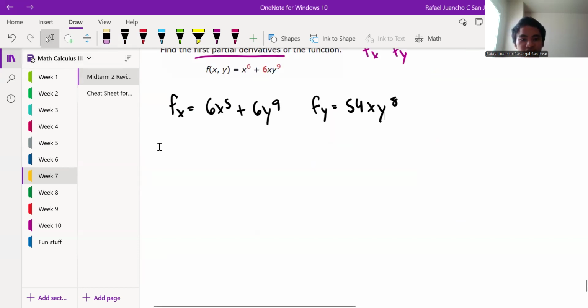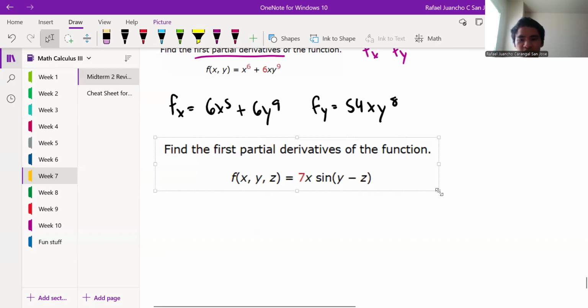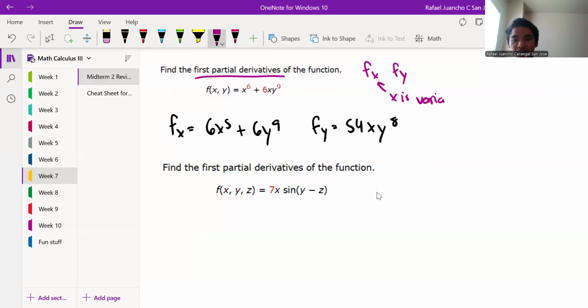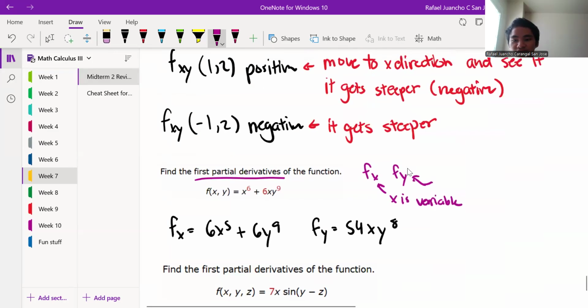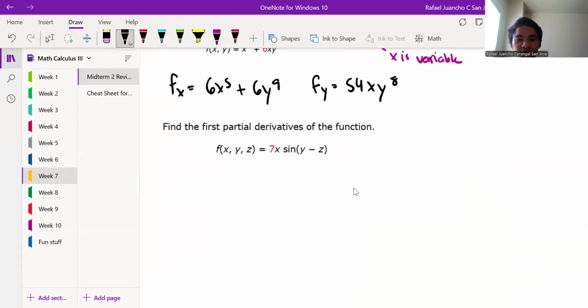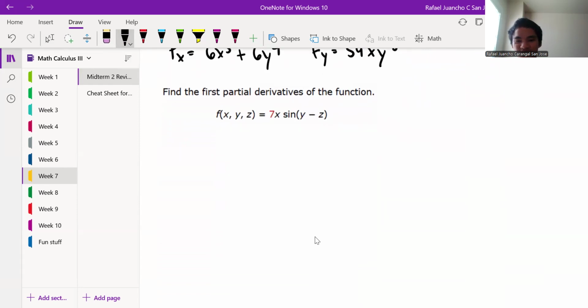So here we treat x as the variable. Here we say y is the variable. It depends on which one's at the bottom. That's what the variable is. The rest are constant. So what if we have a three variable function?